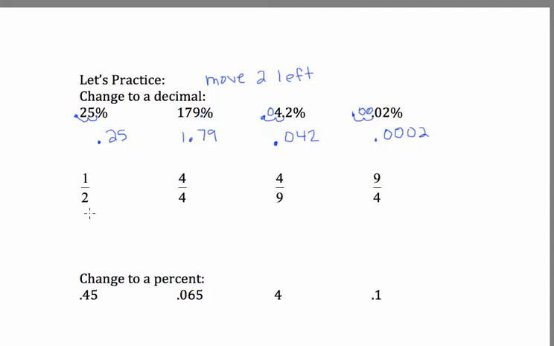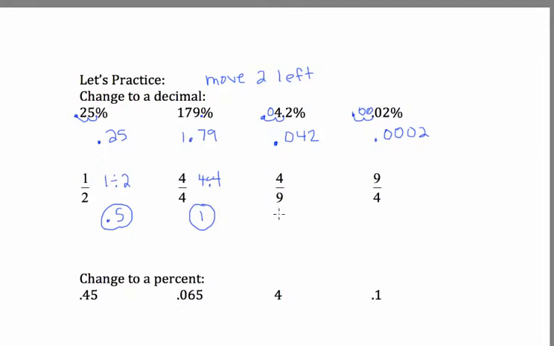To go from fractions to decimals, we just divide. Top divided by bottom. 1 divided by 2 is 0.5. 4 divided by 4 is 1, or 100%. The chances are 4 out of 4 that something's going to happen. The chances are 100% or 1 that it will happen. 4/9 and 9/4. I put these two on here.